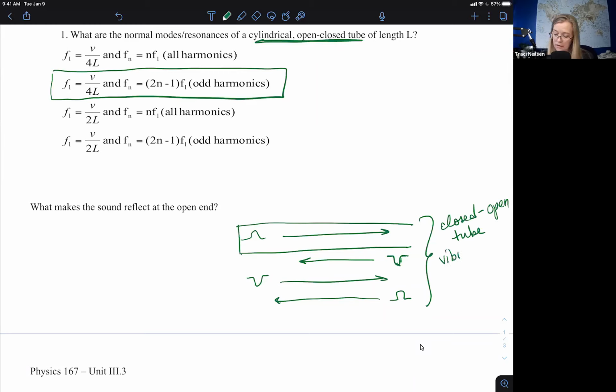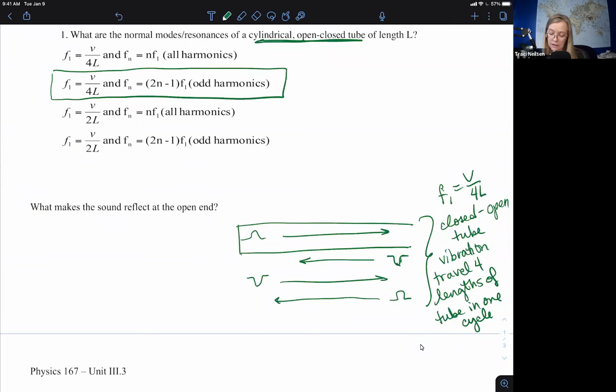The vibration, the pulse, whatever you want to think of, the puff of air travels 4 lengths of the tube in one cycle. Okay, and that is why we have F1 is V over 4L, because that's how much it must travel to complete a whole cycle.